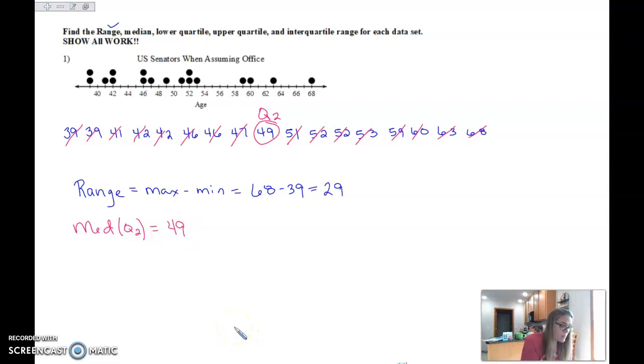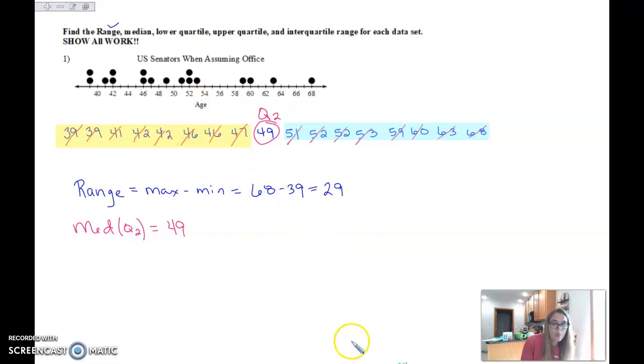Okay, so to find the Q1 value, this splits the data exactly in half. So this one we don't use at all. We're going to use the lower half of the data to find Q1, and the upper half to find Q3.